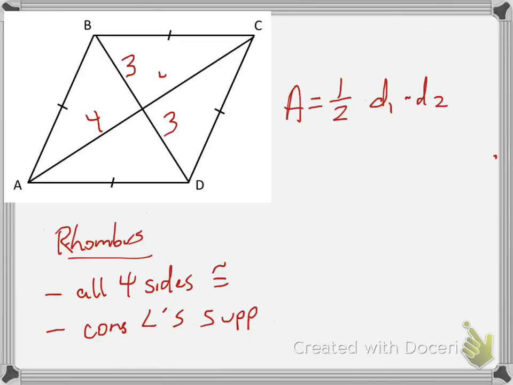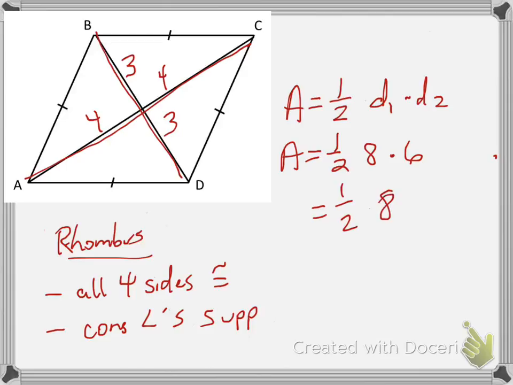In this case, the diagonal this way is 8, and the diagonal the other way is 6. So 1/2 times 8 times 6 is 1/2 of 48, which is 24.